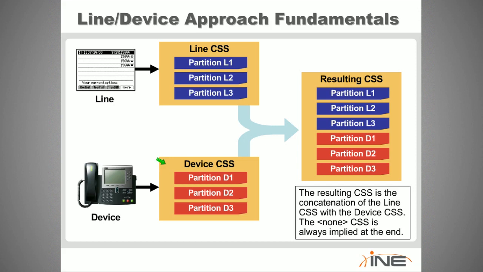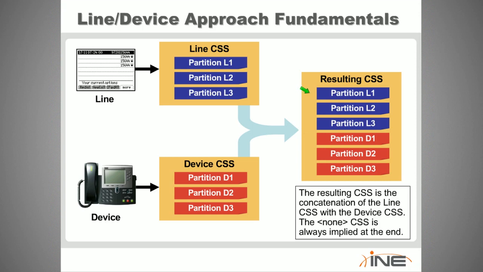Well, if you really sit back and take a look at what we're going to look at next, which can be a fairly easy to grasp concept, you'll understand why we very well might want to have line and device as 2 separate CSSs. But it all gets back to that idea that longest match wins, first of all, regardless of order of partition.